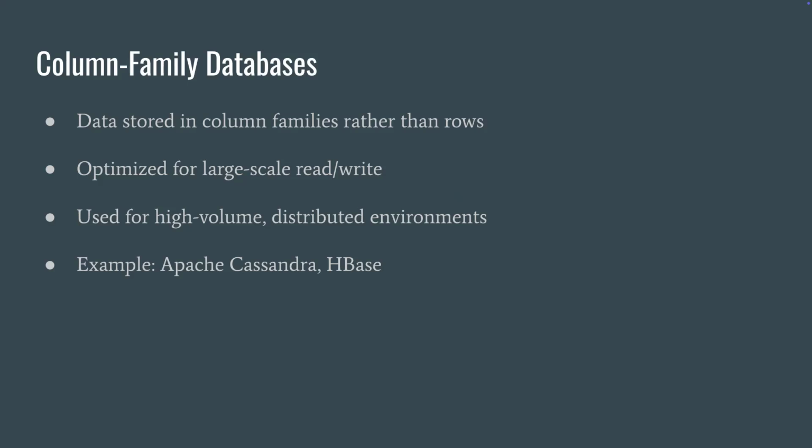What do I mean by that? Just to give you an example, say you only need to read a few columns from a really large data set. Column family databases can reduce I/O, input and output, by reading only the relevant segments.